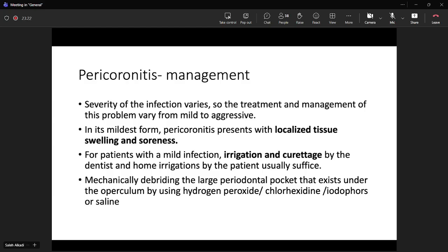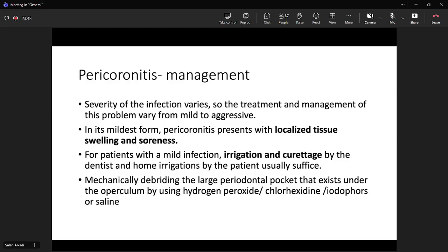It will provide two actions here, the hydrogen peroxide. Chlorhexidine is a very effective antiseptic. I would consider it maybe the agent of choice here to irrigate with chlorhexidine under the operculum and send the patient home with chlorhexidine mouthwash to use twice a day.